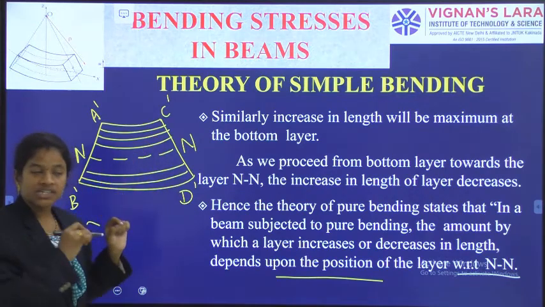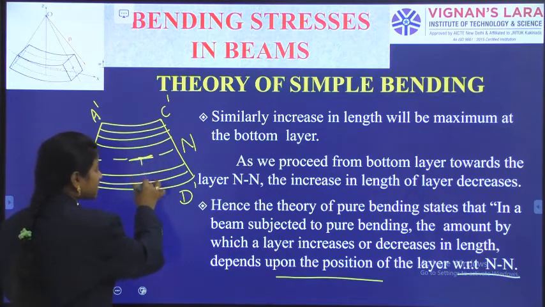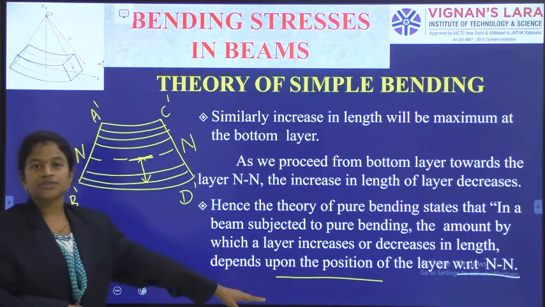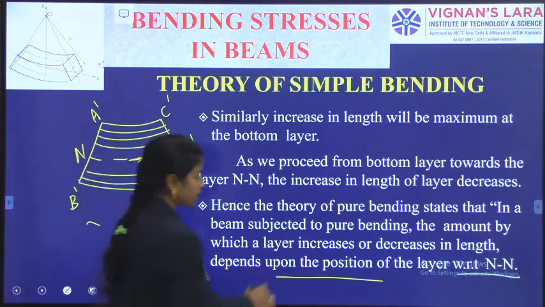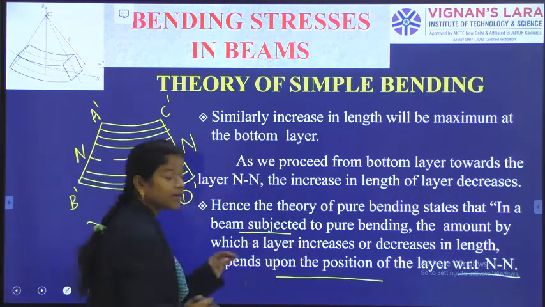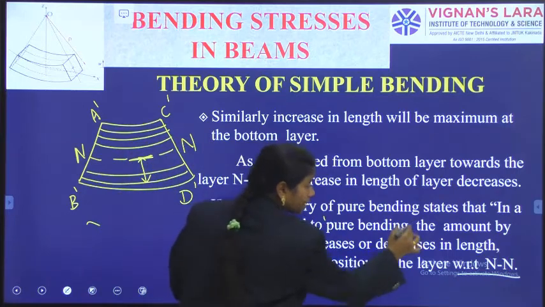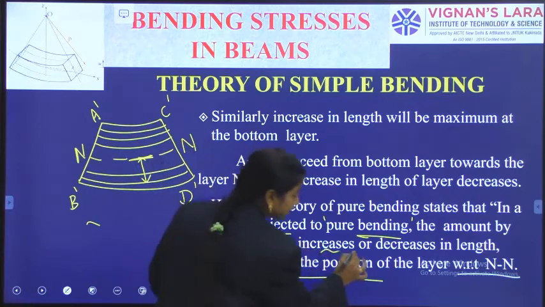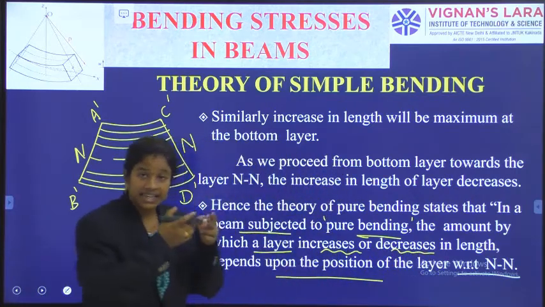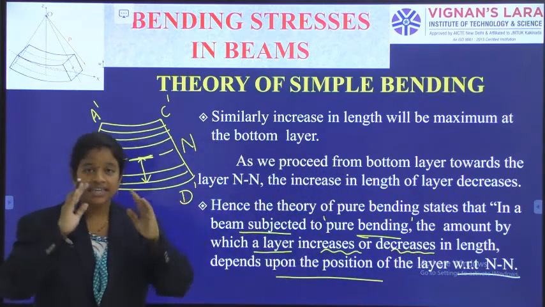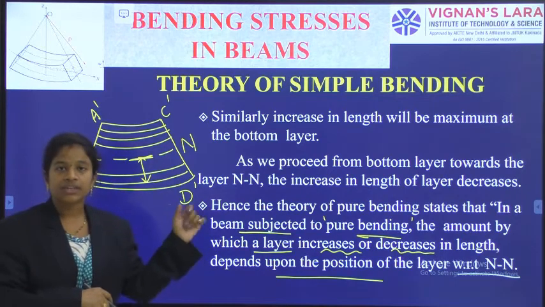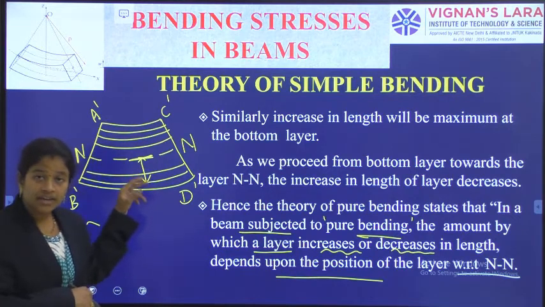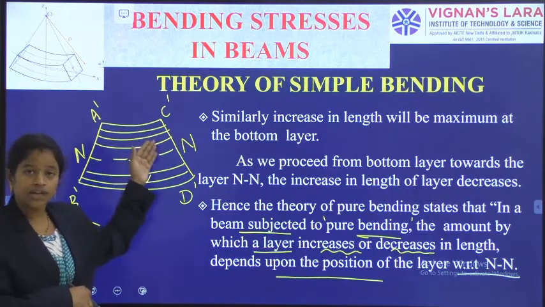So the position, how much it is distant with respect to the neutral layer, with that position itself, the corresponding change in the dimension occurs. In a beam which is being subjected to pure bending only, the amount by which a layer increases or decreases in its length depends upon the position of that particular layer from the neutral axis or the neutral layer.